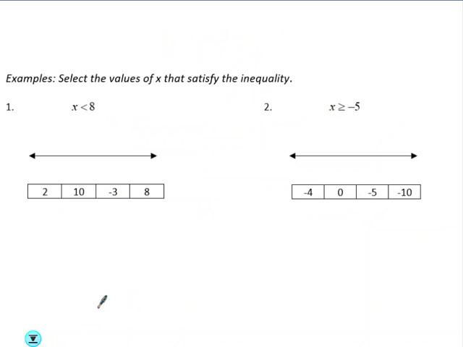Here, we are told to select the values of x that satisfy this inequality. Satisfy means make it true. So if I want to know x is less than 8, which of these numbers are less than 8?